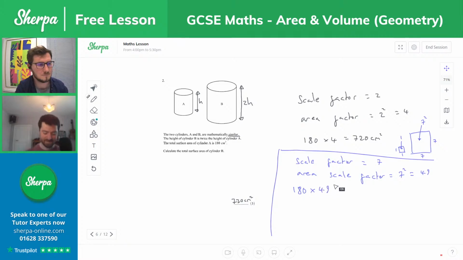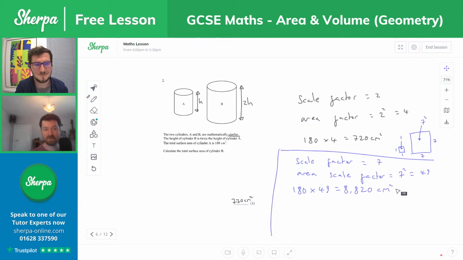This is going to be a calculator one. So 180 times 49 gives 8,820, and that's going to be in terms of centimeters squared, because we're dealing with area in this case.